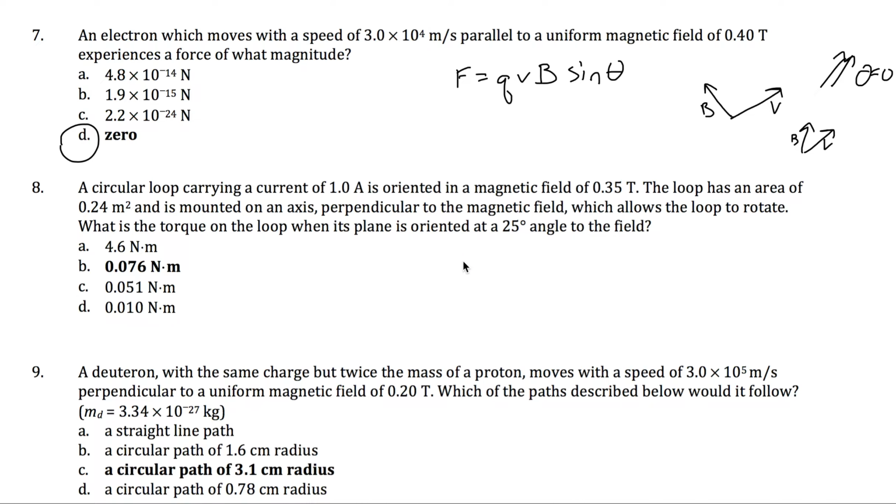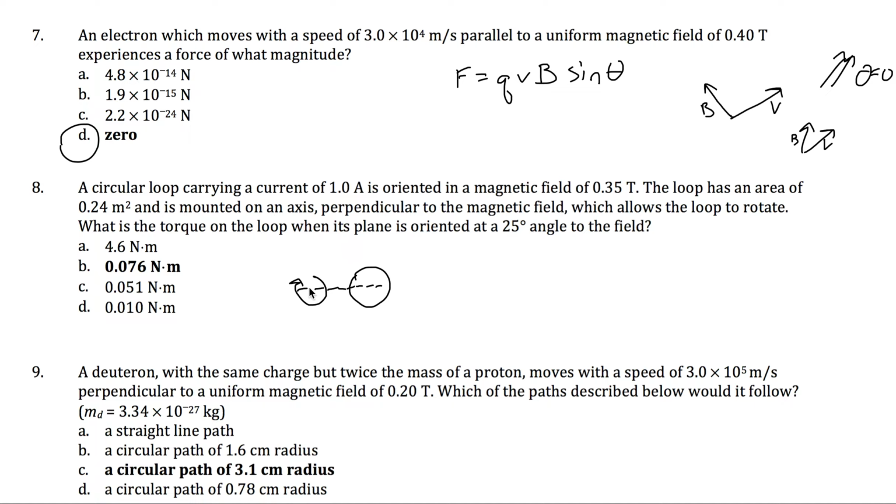So the way that I'm going to visualize this is I'm going to have my loop like this in the plane of the paper, but it's going to have an axis of rotation, so that the loop can rotate around this axis. So when it's rotating, it's coming towards you and away from you.